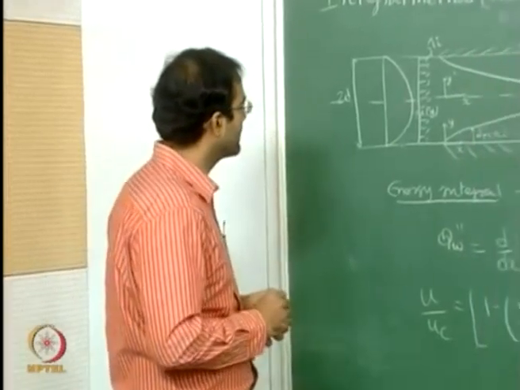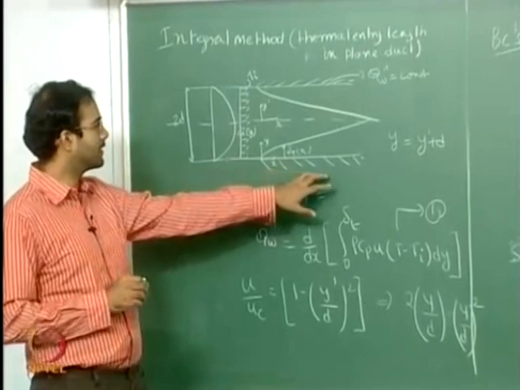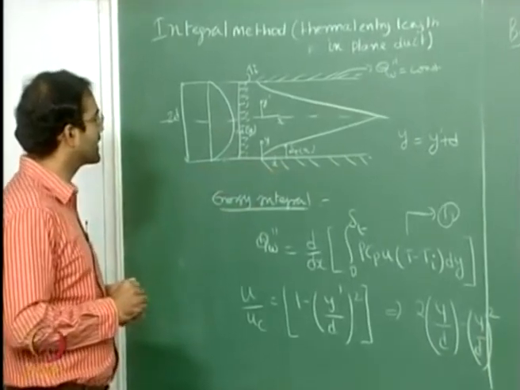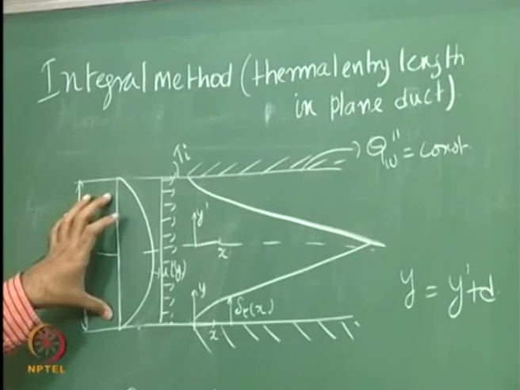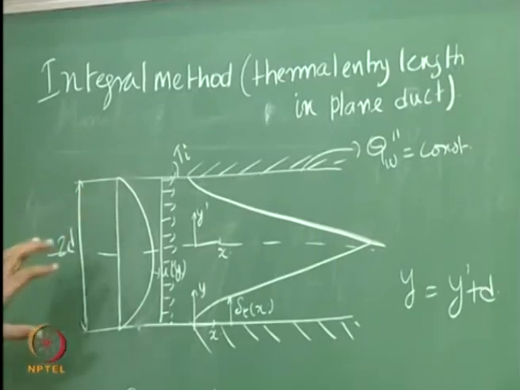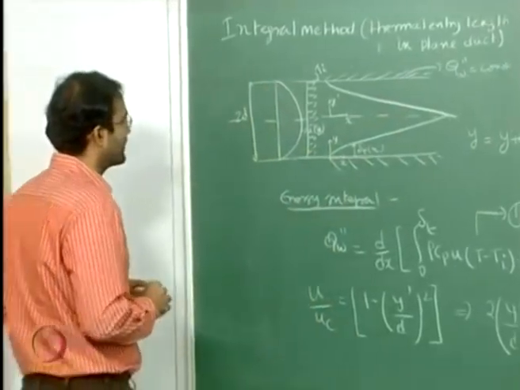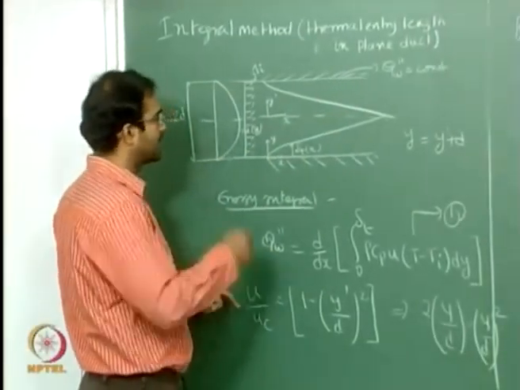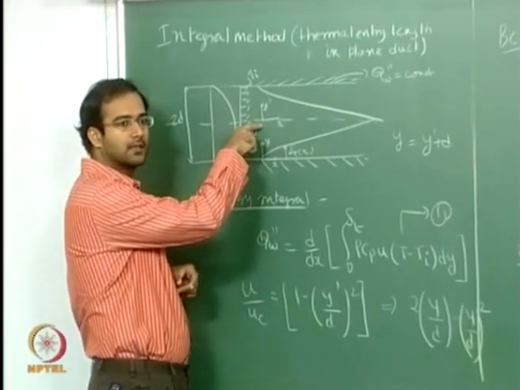So we will take up one such example where we have a thermally developing region, that is basically region 2, where we have the fully developed velocity profile, the parabolic velocity profile, and we have applied the constant wall flux boundary condition. When you write the velocity profile, you use a coordinate system which is aligned to the center of the channel.